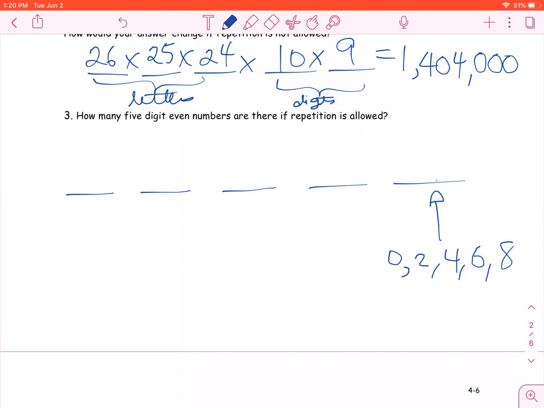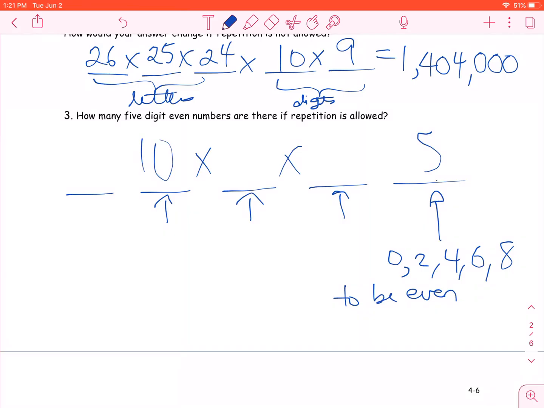So to be even, it has to end in any 5 of those options. The numbers in the second, third, and fourth slot don't matter, right? We're not limited in that way. So they can be anywhere from 0 to 9.